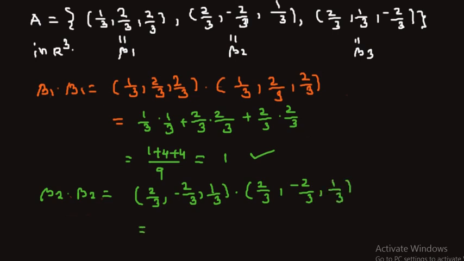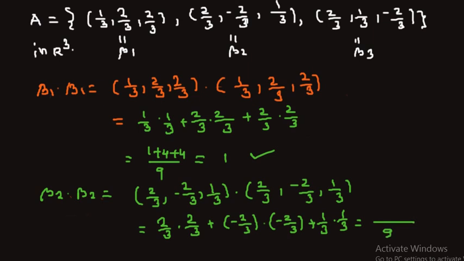From there we get 2 by 3 multiplied with 2 by 3, plus minus 2 by 3 multiplied with minus 2 by 3, plus 1 by 3 into 1 by 3. This gives us 4 by 9 plus 4 by 9 plus 1 by 9, so 9 by 9 is again 1. So beta 2 into beta 2 is 1 again.